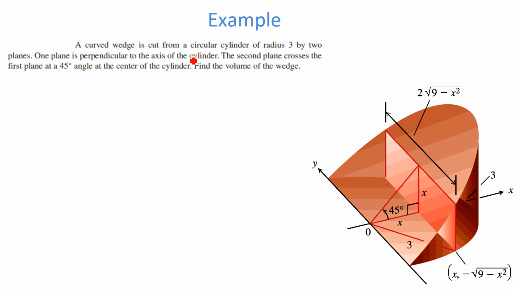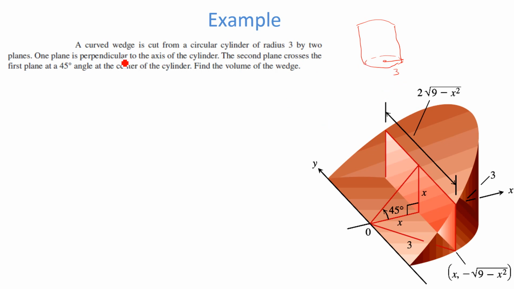A curved wedge is cut from a circular cylinder of radius 3. So we have a circular cylinder of radius 3, and the wedge is cut by two planes.